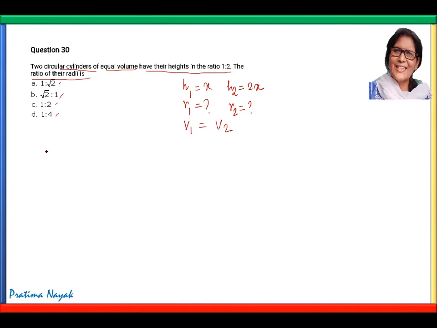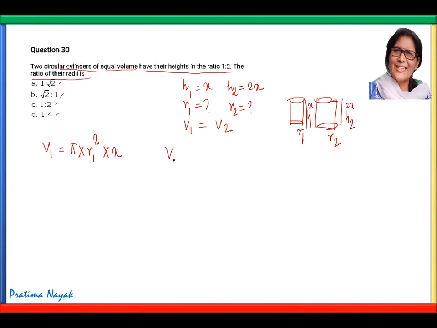So what is V1? V1 is equal to pi r square h. I've taken for the first cylinder the radius is R1, and for the second cylinder the radius is R2. And here H1, H2 are x and twice x. So R1 square into x, H1 is x.